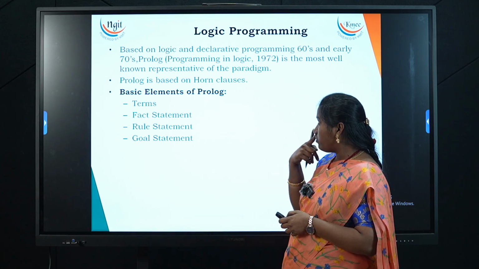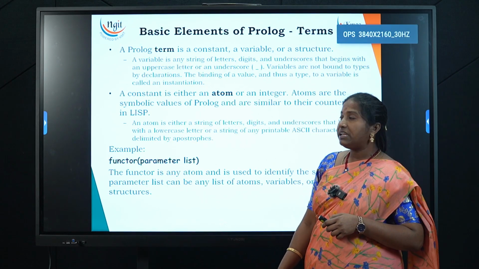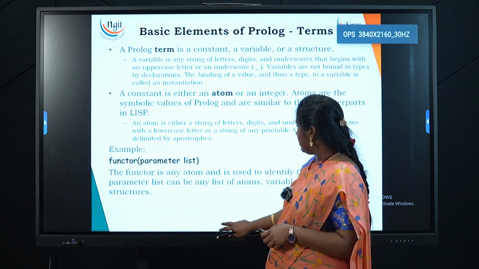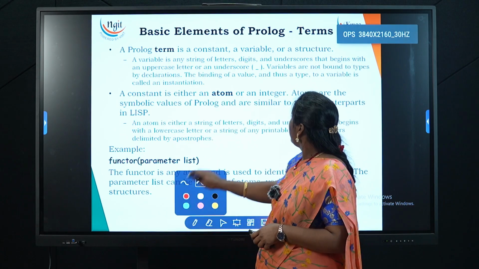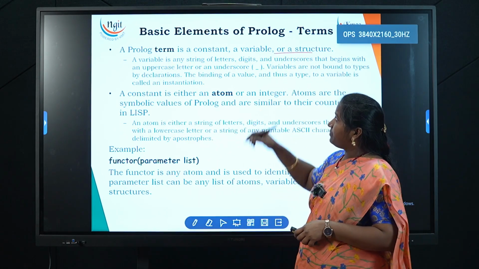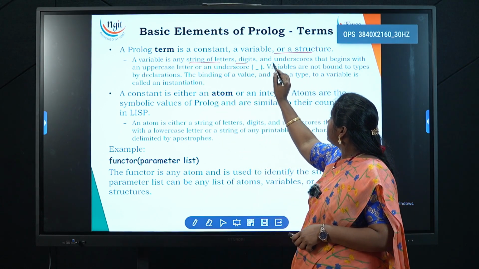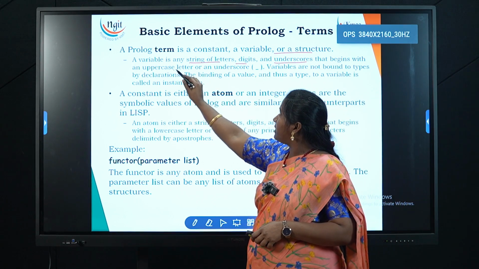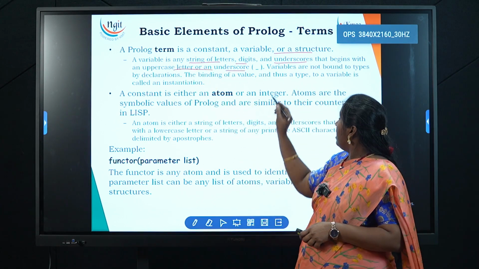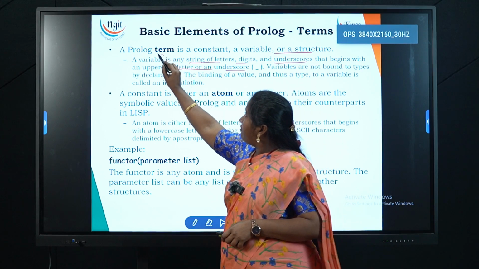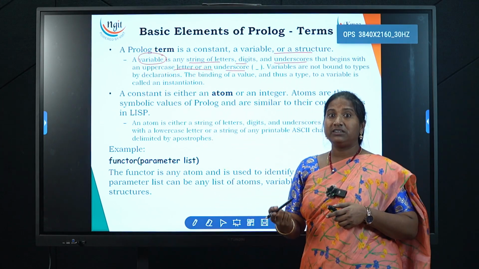Now let's understand what a term is. Basically a Prolog term is a constant, maybe a variable, or a structure. So a variable is what? It is a string of letters, digits and underscores that begins with an uppercase letter or an underscore. This is actually a variable I am talking about, it is a term.